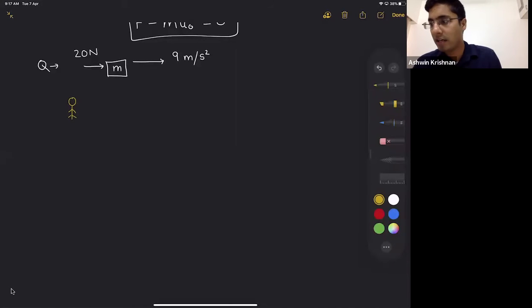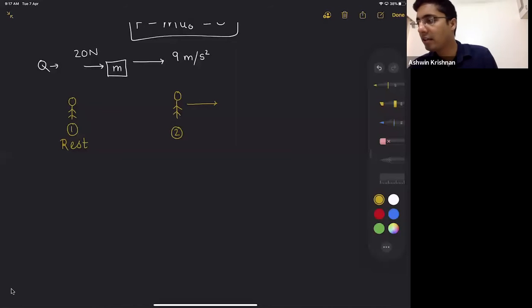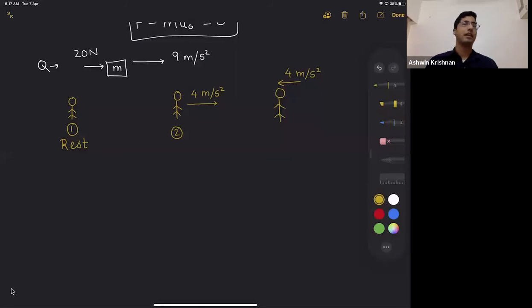This is person 1 who's at rest, and person 2 who is moving at 4 meters per second square, and person 3, who is moving in the opposite direction at 4 meters per second square.